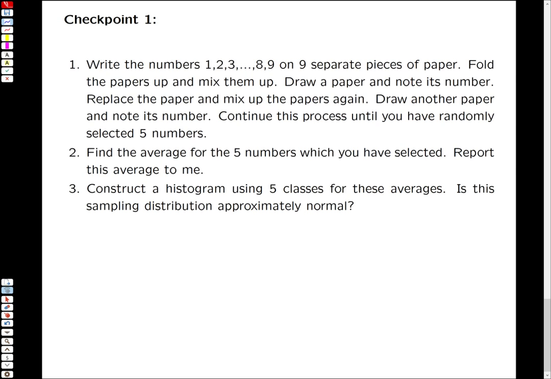So what we're going to do is make a histogram out of this data. I've already broken it up into classes, so we just have to calculate the data values in each class. We look at the first one. We have 17 data values here. Notice the very first one has 0 data values.